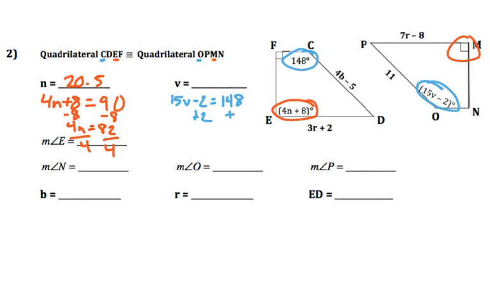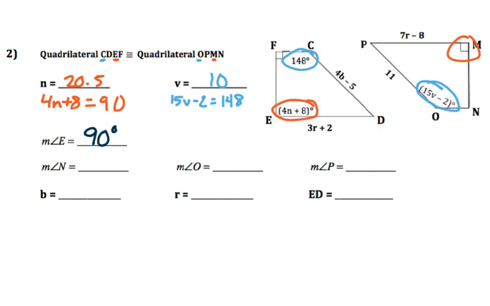Here I'm going to add 2 to both sides, so I get 150 is equal to 15V. Divide by 15, and that gives us 10. So V equals 10. Now to find the measure of angle E, we just look at what E is congruent to. Angle E is congruent to angle M, and angle M is 90 degrees. So the measurement of angle E is 90 degrees.